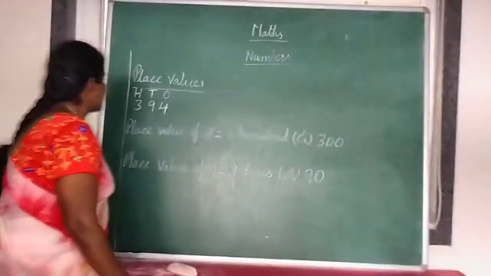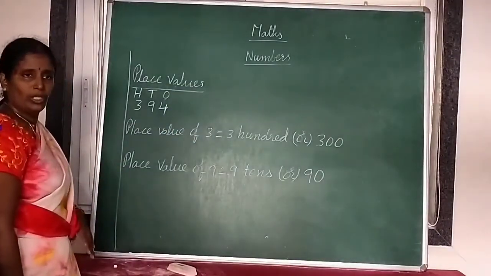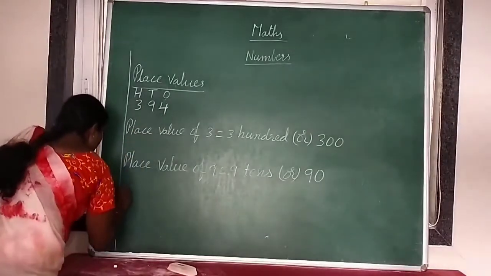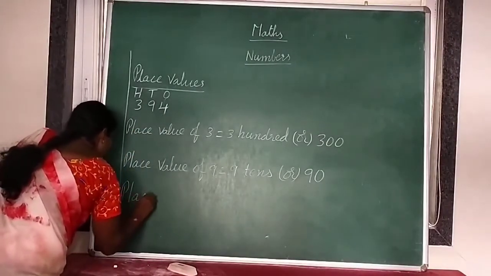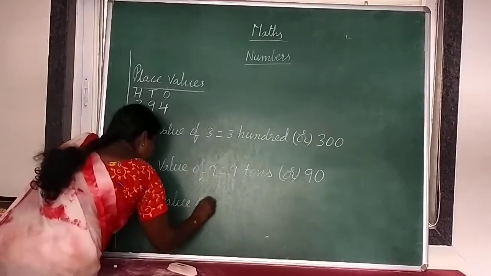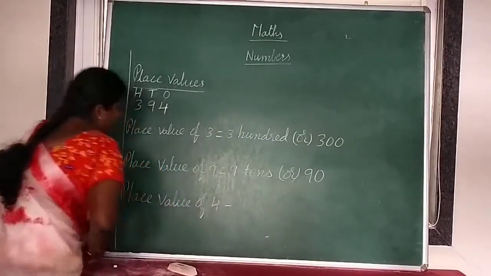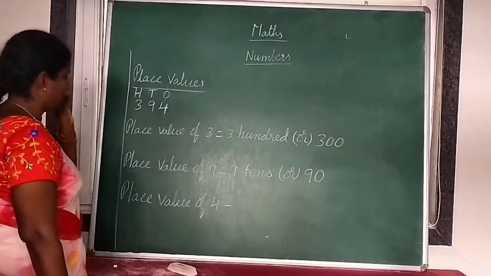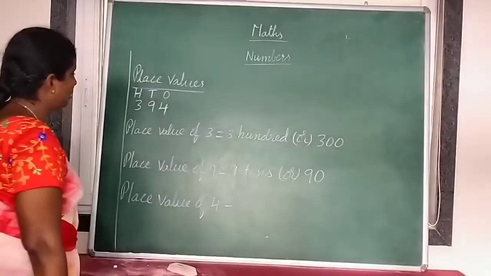Okay? Next, is there another digit? One more digit. What is that? 4. So place value of 4. What is the place value of 4? 4 in which place?